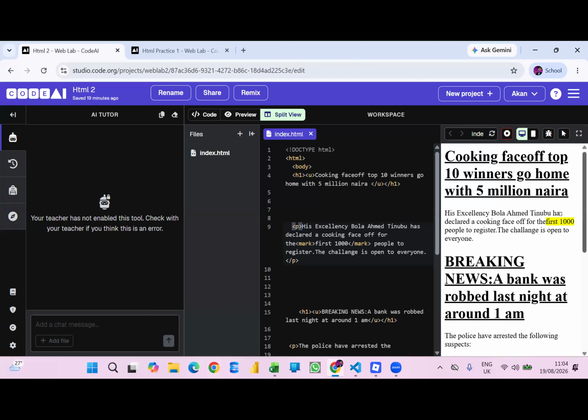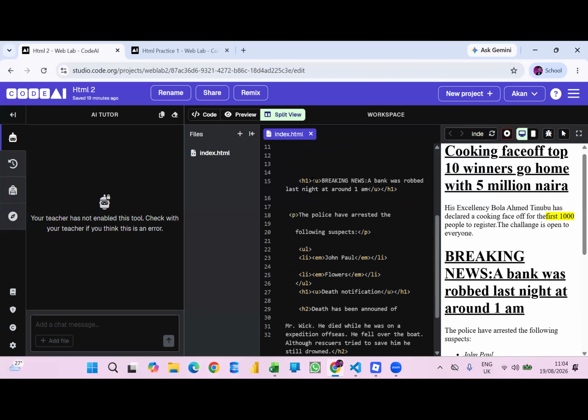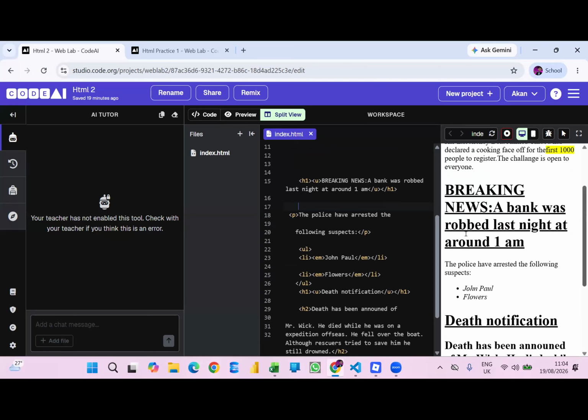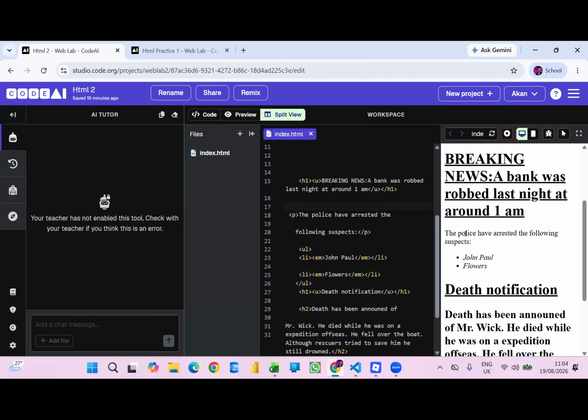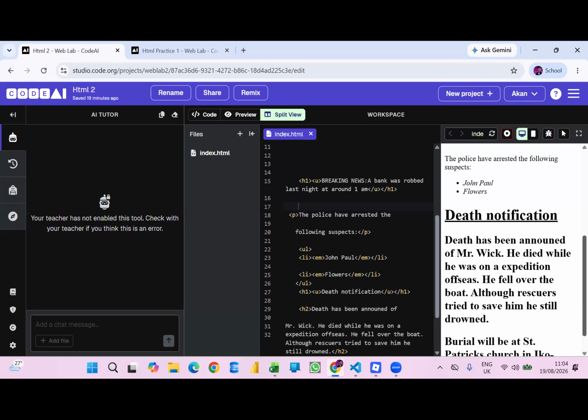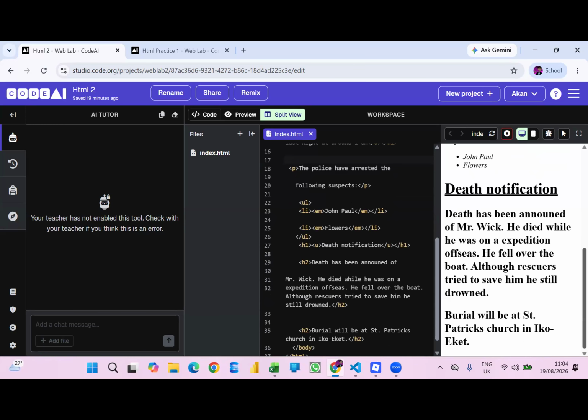I used the H1 function to write this breaking news, and then I underlined it. Then I used the paragraph function to write this out. And then I used the unordered list to write John Paul and Class, and the EM to italicize my work.